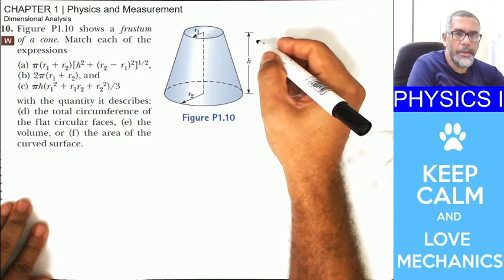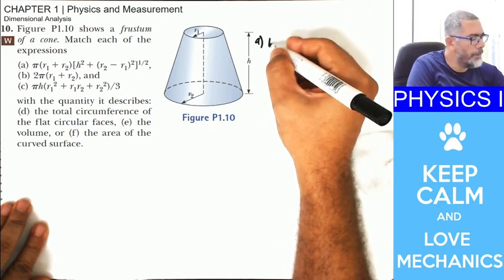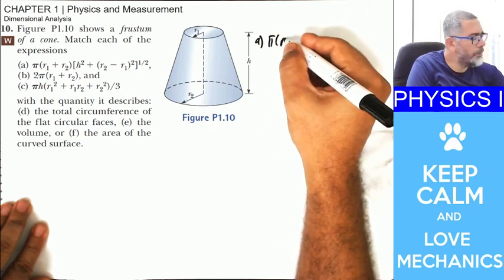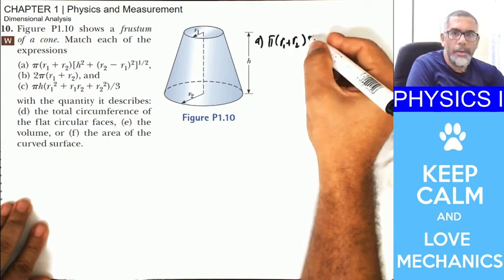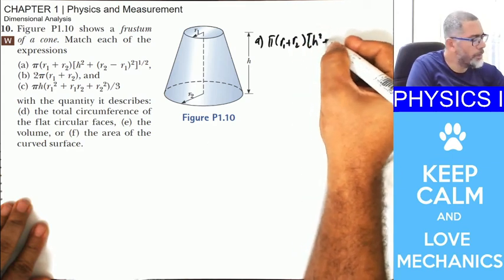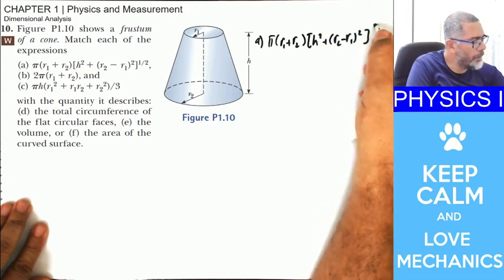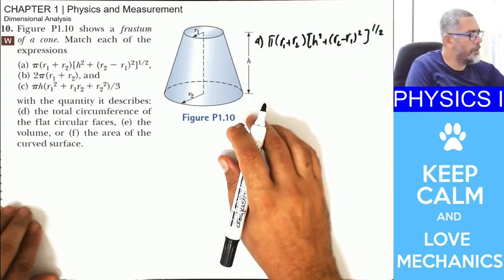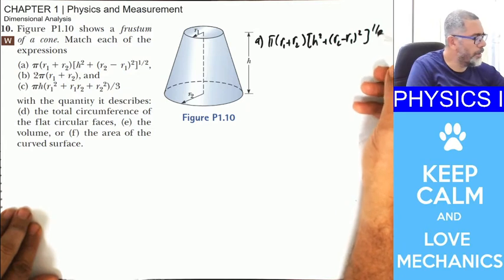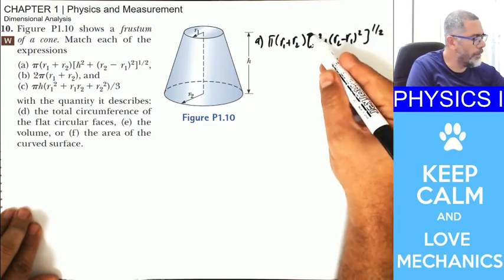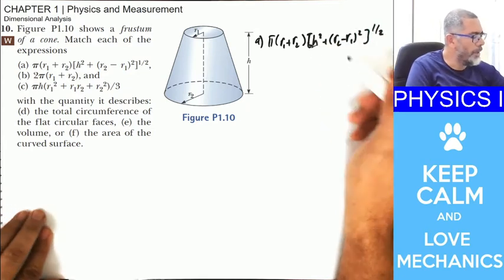Let me quickly write it again. Pi (R1 plus R2) times the square root of the square bracket h square plus (R2 minus R1) square, close the parenthesis. Okay, so this is the first picture.